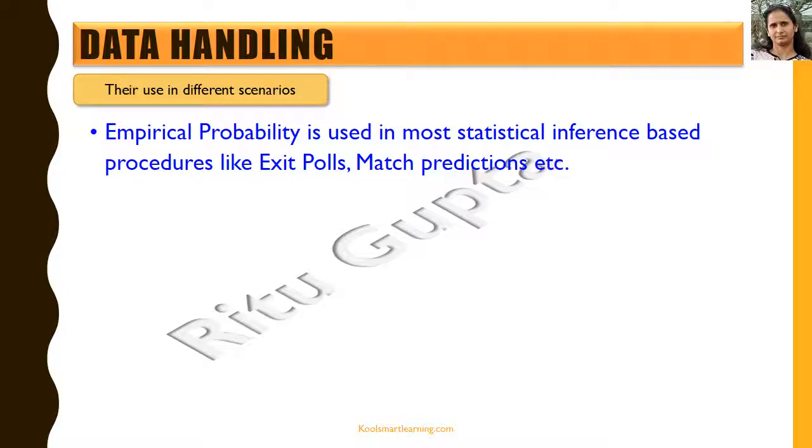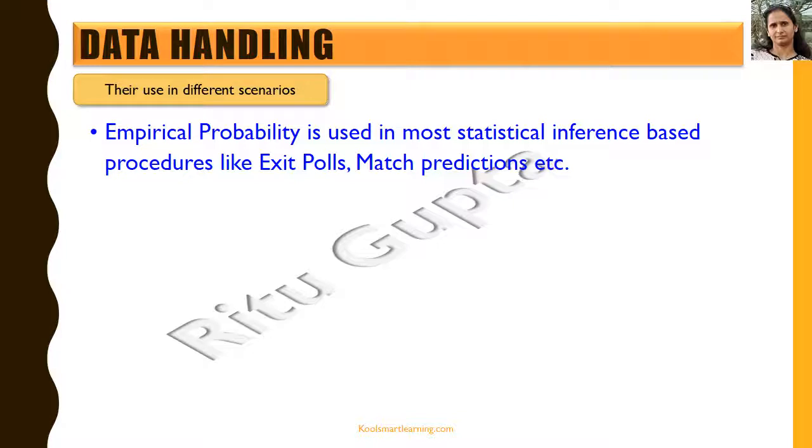The probability of candidate 1 winning versus candidate 2 winning, if we find it out theoretically, will come out to be the same. But exit polls are used to get statistical inference, because these are not equally likely events.